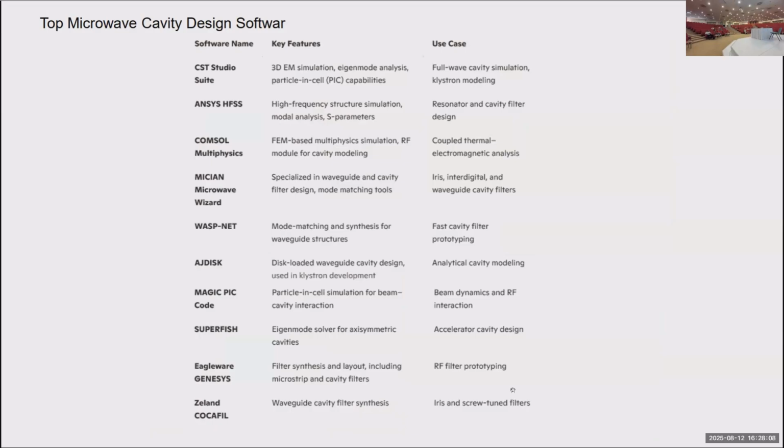What is Superfish? Superfish is free. And this one is, I know, of course, but it's very expensive. But many of you may have it, maybe the student version is free, I think.